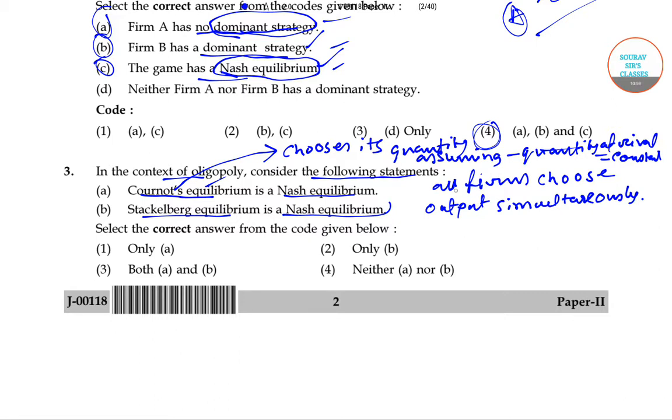This is the Cournot-Nash equilibrium. The resulting equilibrium is called Nash equilibrium. So Cournot equilibrium is a Nash equilibrium. So this is a right answer.